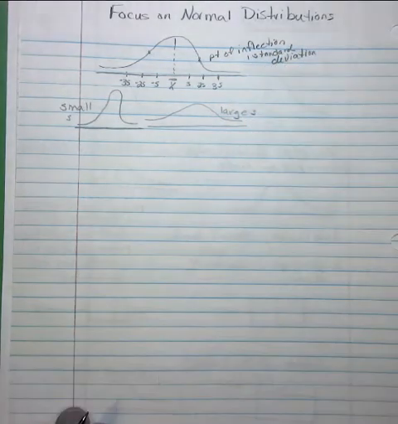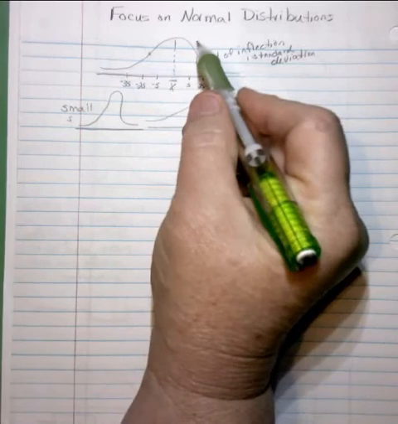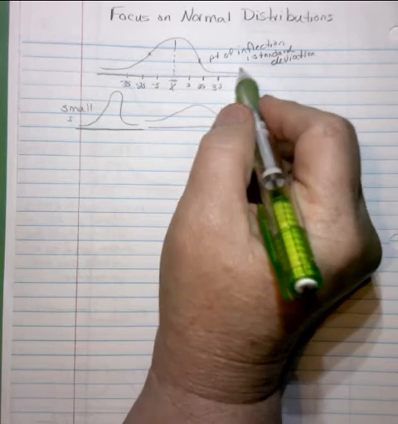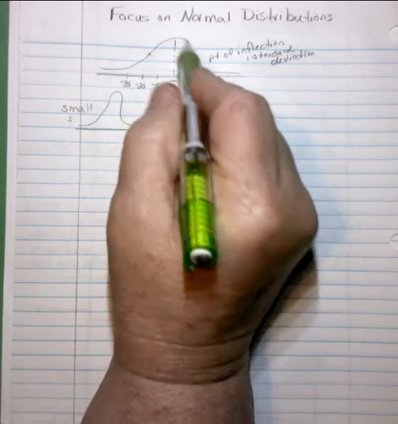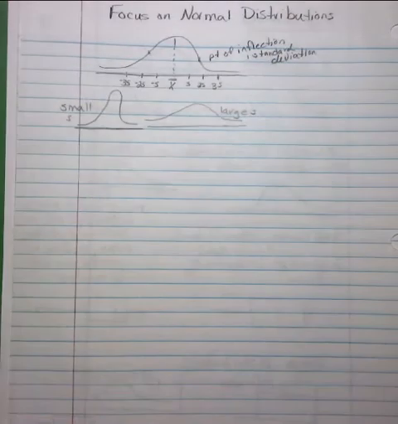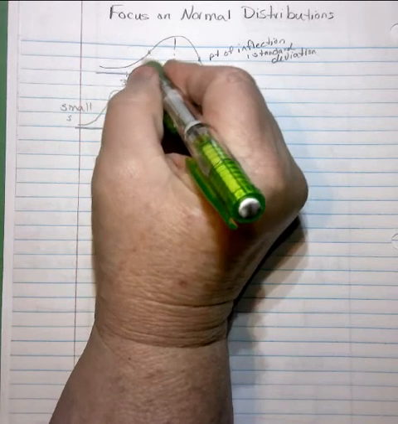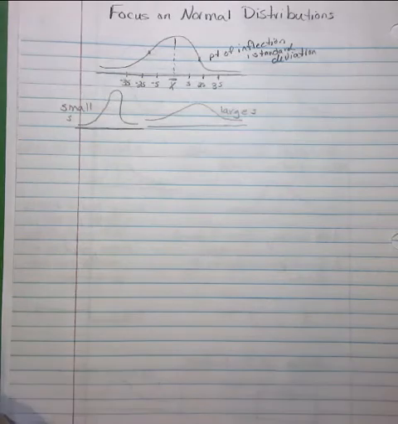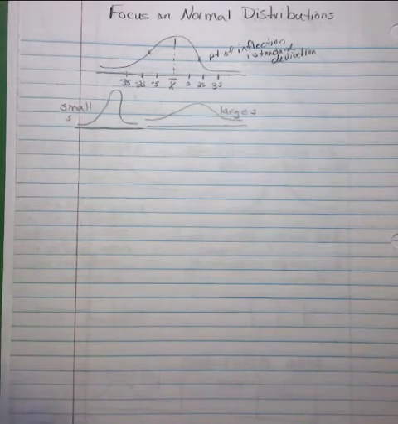A point of inflection is when your graph changes from being concave up to concave down. So it's curving up here, and then it's changing to being curved down, and that point is called the point of inflection. So it's curved down, and then as it hits here, it changes to start curving up again, and so that is a point of inflection that occurs in a graph.